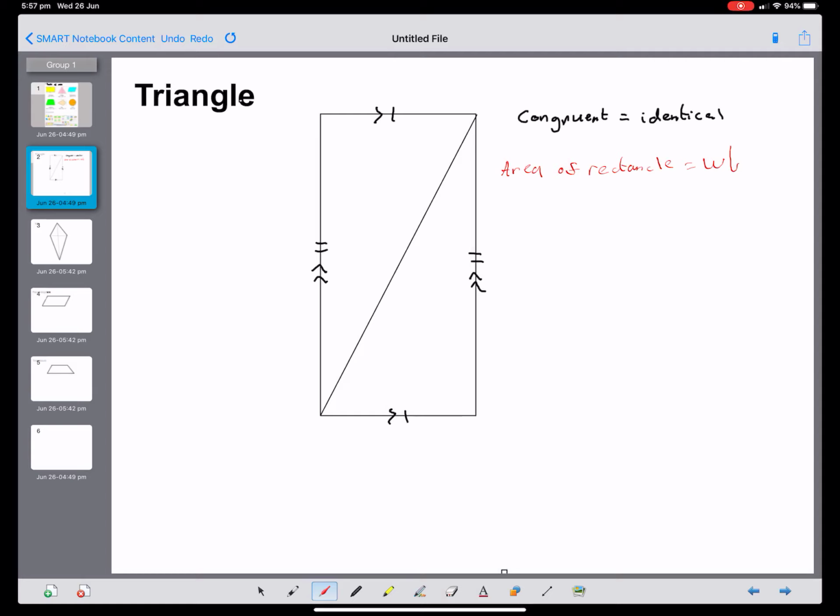So if the diagonal splits the rectangle up into two congruent triangles, and this is the width and this is the length, we can derive our area of a triangle.